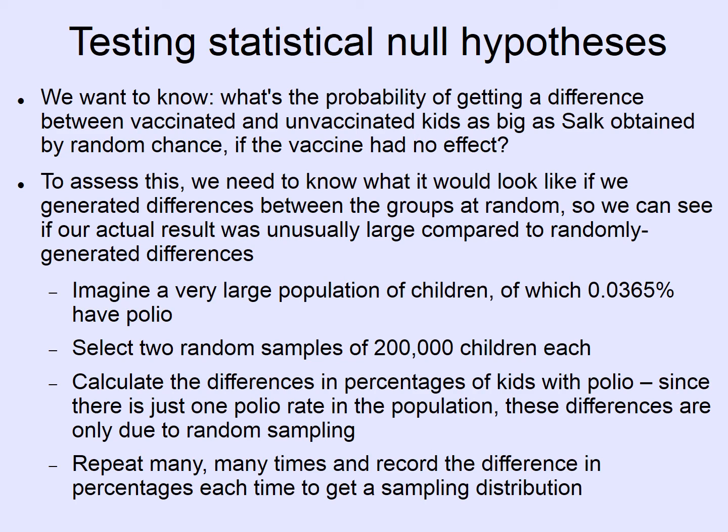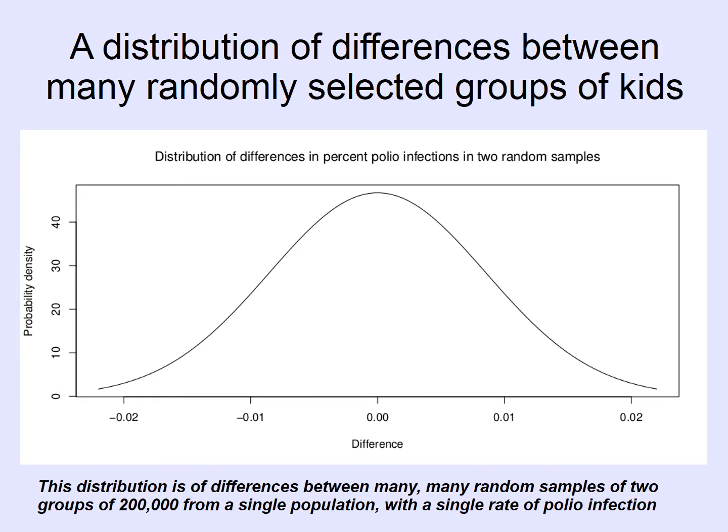So I'm going to create a sampling distribution as if I did this a million times. So what you have here is a null sampling distribution. In other words, if I took those means of rates of infection between these randomly selected two groups, and I did it a million times, and subtracted the polio infection rate of the control, and I'm putting that in quotes, from the treatment, on average you'd expect it to be 0, because it should be around 0.0365% in both groups.